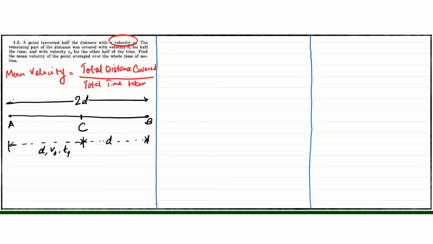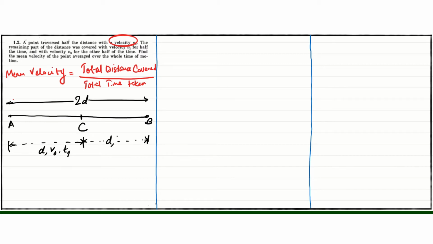but we don't know the time or the velocity for this entire distance. But we do know that the object covered half of the time which it took to move from C to B at velocity v1, and the remaining half of that time it moved at v2.